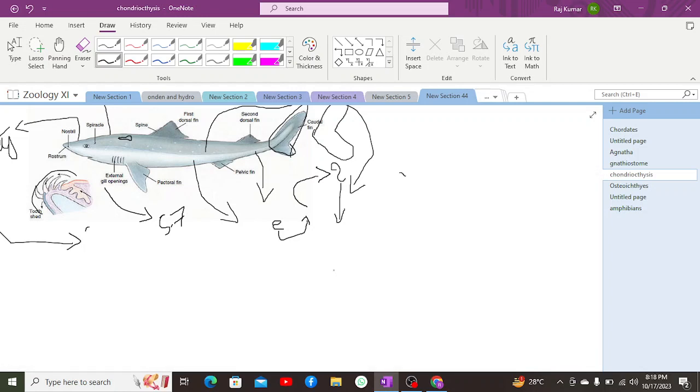They are having external fertilization, but in some cases internal fertilization also persists. They can be oviparous as well as viviparous, as well as ovoviviparous in some cases. Apart from that, the fertilization is mostly internal, but in some cases external can also be possible.